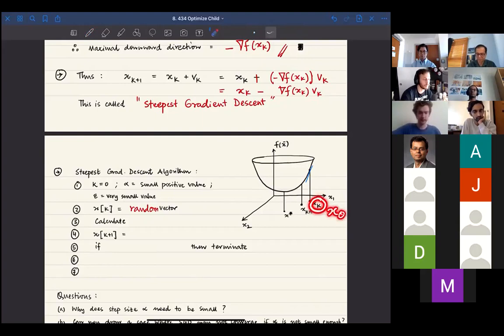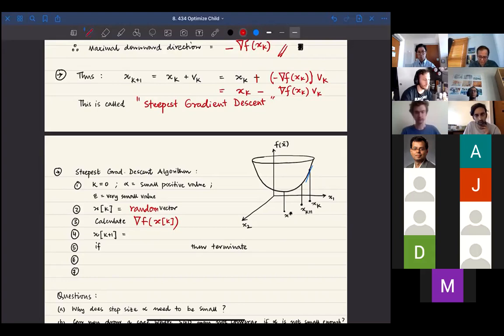This is x0. Now calculate grad f of xk: differentiate the function and plug in the random value of x0 that you've picked. That gives you grad of f of xk.